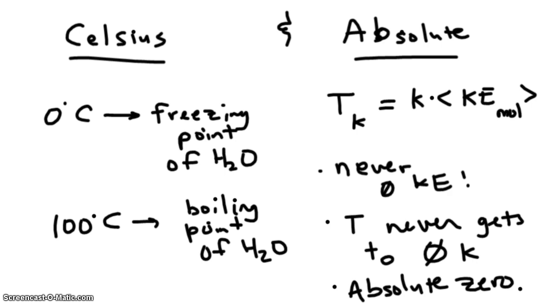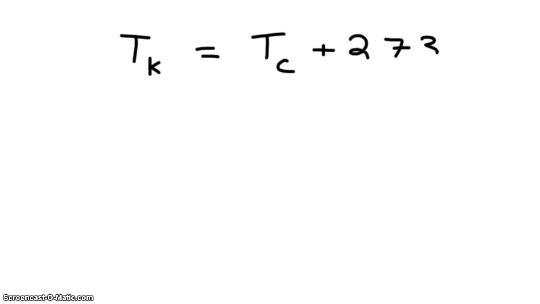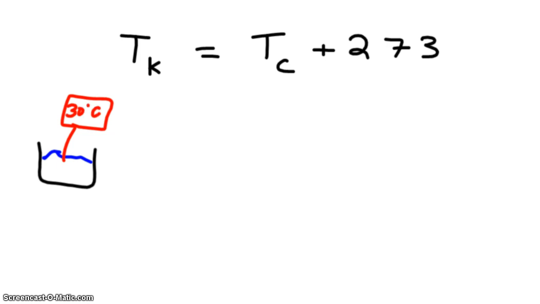The last thing in this video is converting between the two. This is easy. You know how to do it. The temperature in Kelvin is found by taking the Celsius temperature and adding 273. For example, let's say the water is at a temperature of 30 degrees Celsius, and you want to know, what's the Kelvin temperature?